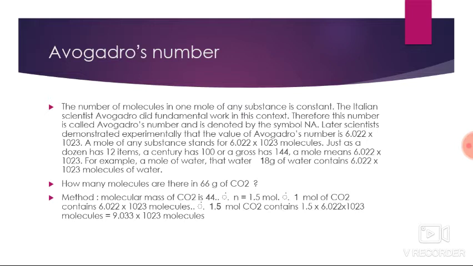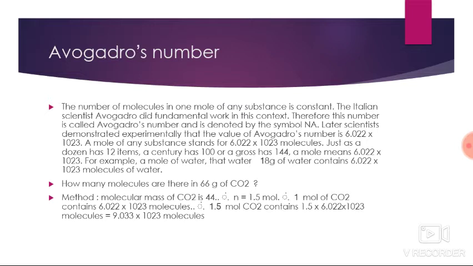So we get the number of moles in 66 grams of carbon dioxide as 1.5 moles. Now 1 mole of carbon dioxide contains 6.022 into 10 raised to 23 molecules. Therefore 1.5 moles of carbon dioxide will contain 1.5 into 6.022 into 10 raised to 23 molecules. If we multiply 1.5 into 6.022, we get 9.033 into 10 raised to 23 molecules.